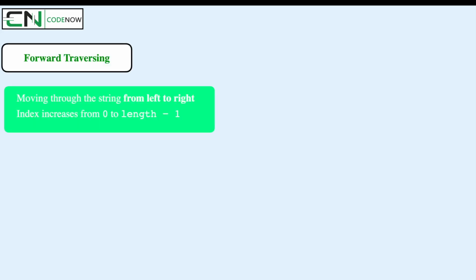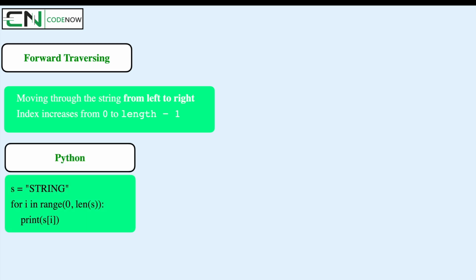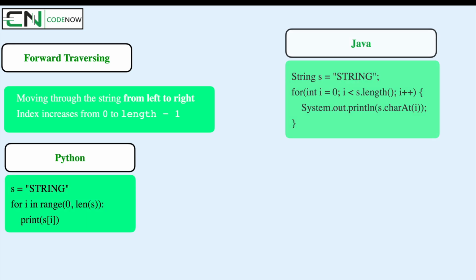So again, forward traversing is moving through the string from left to right. Index increases from 0 to length -1. In Python it is written like this. In Java it is written something like this. The syntax may differ, but overall the logic that I have explained is the same in all the languages.